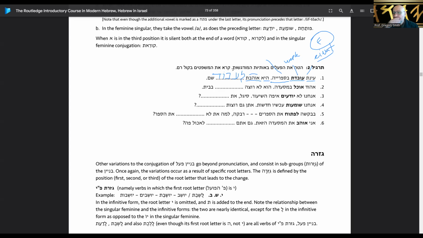So let's check our answer here. Einat ovedet basifria, in the library. She ohevet, she likes la'avod, to work there. I think that's probably what they've got in that spot. So let's check the answer key. Yes, there it is.